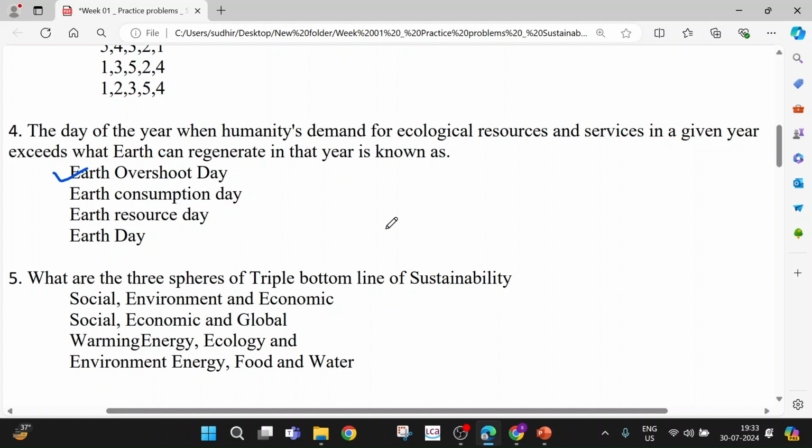Question number fifth. Option A. Yes, option A is the correct answer for this one. If you know the triple bottom line well, then you must know that the triple bottom line is the framework for sustainability, and it includes social, environmental, which can sometimes also be called ecological, and economic spheres. These three dimensions aim to promote sustainability by balancing economic growth, environmental protection, and social equity. So we can move to question number 6 now.